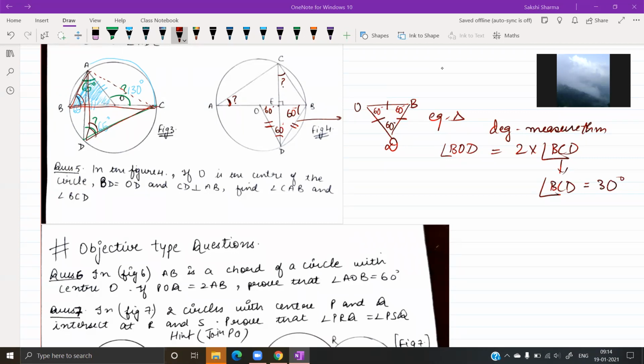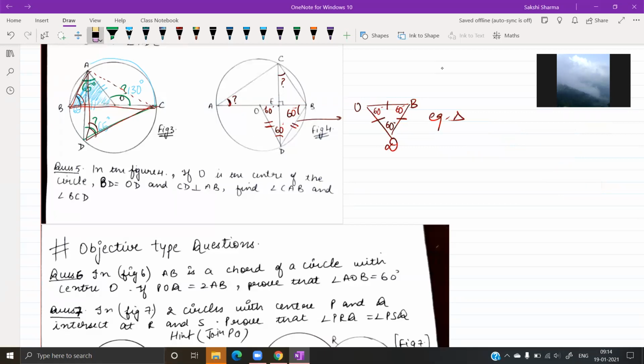Okay, let's just go over this answer again. Let me know if this is clear. Up to here we have this triangle. I'll just write it down; if you want, you can note this down. BD is given equal to OD, but OD is equal to OB.